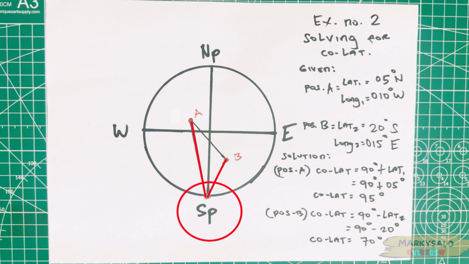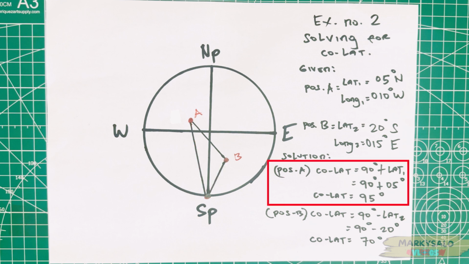Okay, for the solution for colatitude, again, those sides represent the colatitude. For the solution for position A, we need to use the formula colatitude is equal to 90 degrees plus the given latitude for position A. Okay, so why does it use plus?